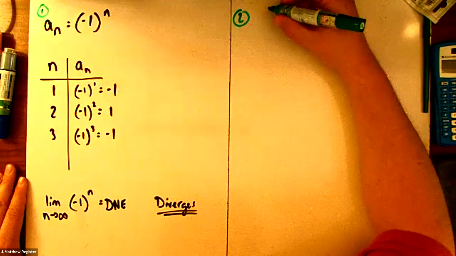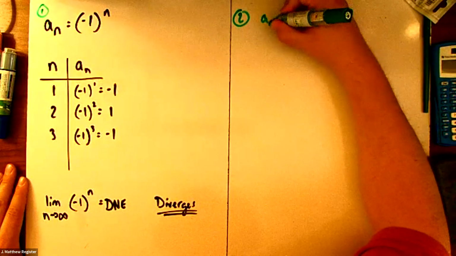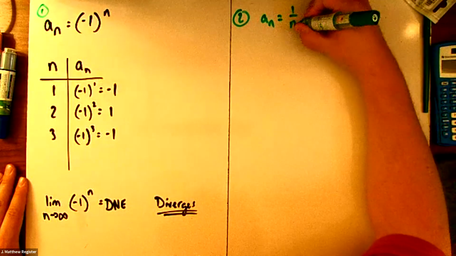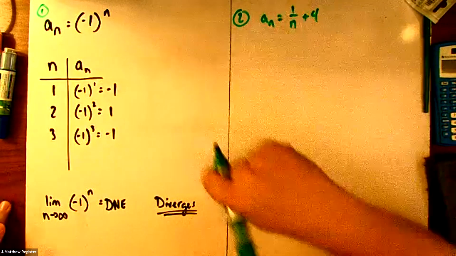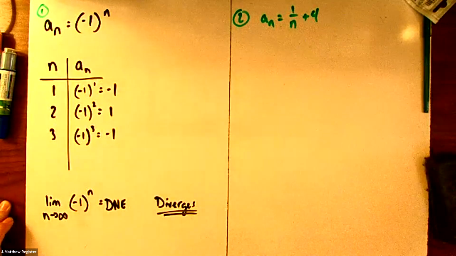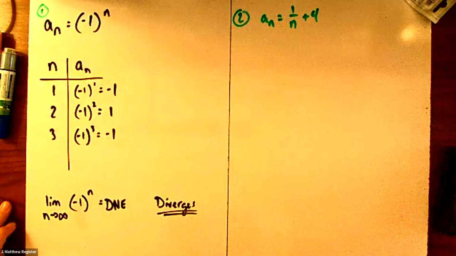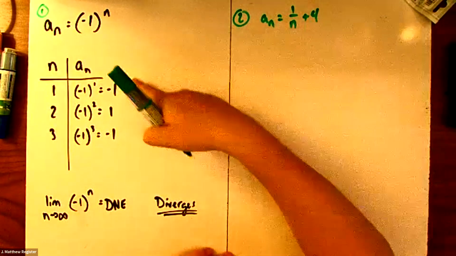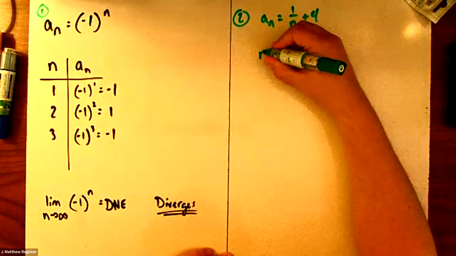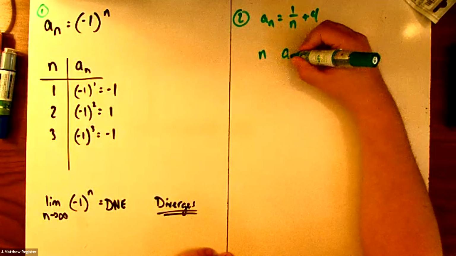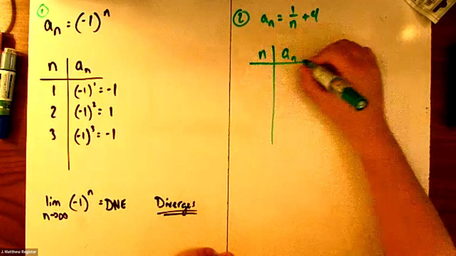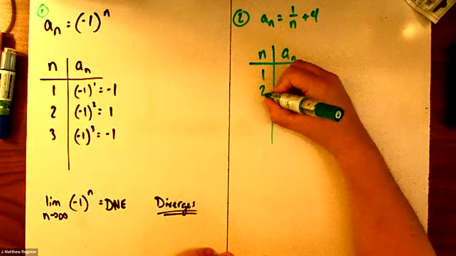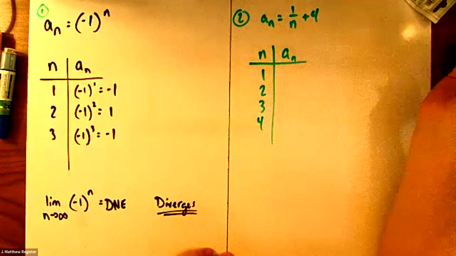Number 2 is a sub n is equal to 1 over n plus 4. Again, the question is, what is the long-term behavior of this sequence going to be? Again, we can create a little chart like this if we want to, n and a sub n. We could say what happens at 1, 2, 3, 4, and so on.